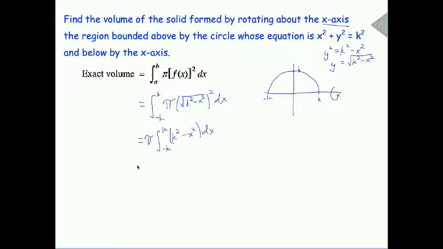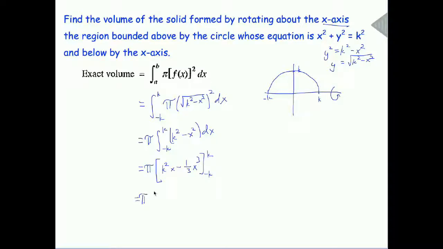And then we can go ahead and integrate this. We have pi times, and we want to integrate. This is just a constant, so we have k squared x minus 1/3 x cubed, evaluated from negative k to k.